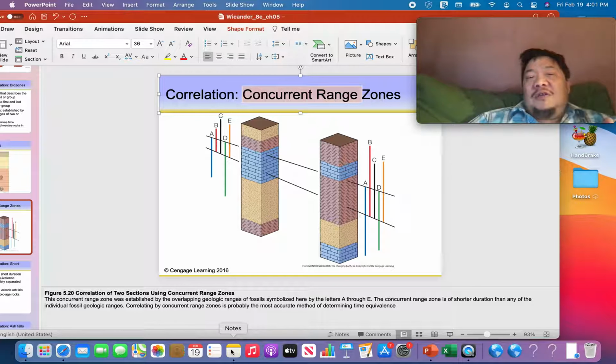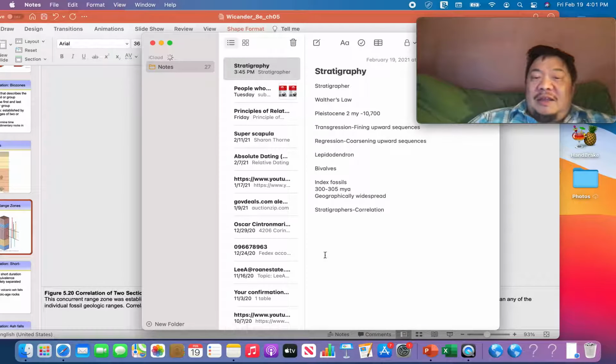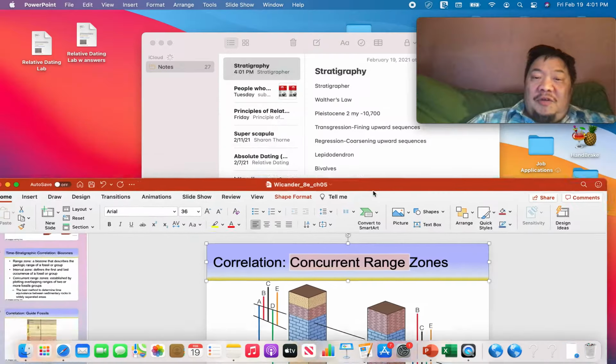If you can't find fossils, you have to find igneous rocks, and then you have to do the radioactive isotope dating. But if you can find fossils, you look for the index fossils. If you can't find index fossils, then you use this other method called the concurrent range zone method.